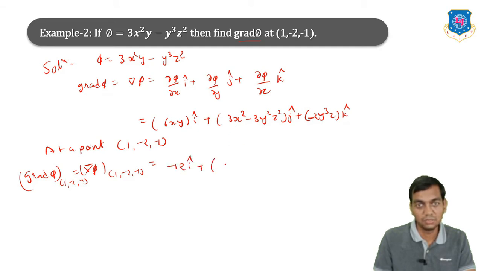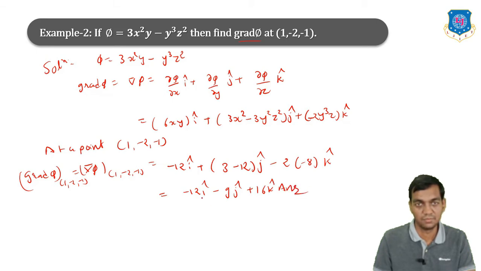Again, x is 1, so 3 minus y square, which is minus 2 square, is 4, into z square is 1. So 4 threes are 12, into j, minus 2 into y cube, that is minus 8, and z is 1. So this is going to be minus 12i minus 9j plus 16k, and this one is the answer. Okay.